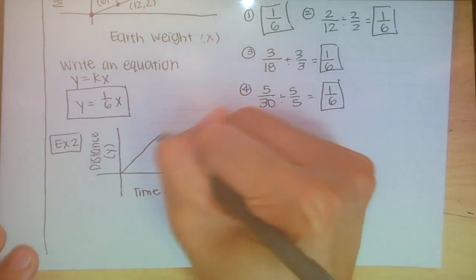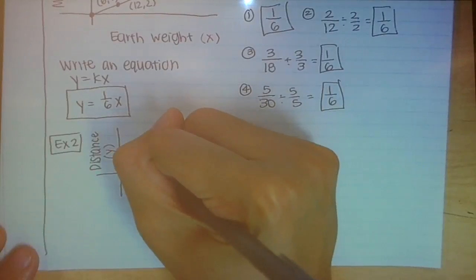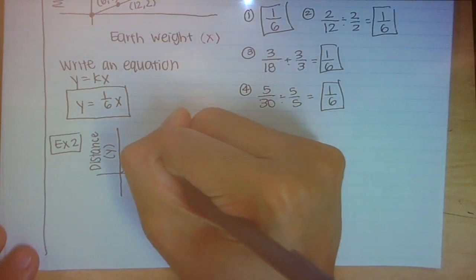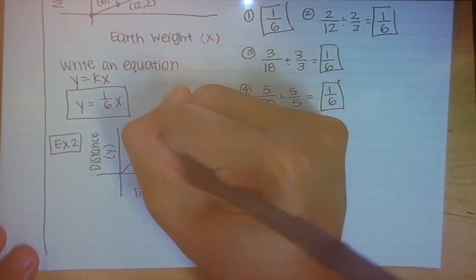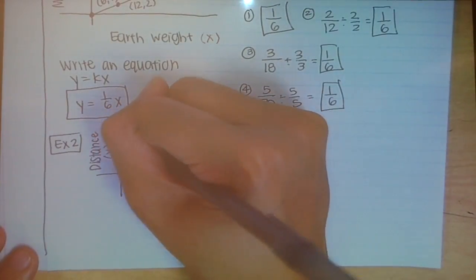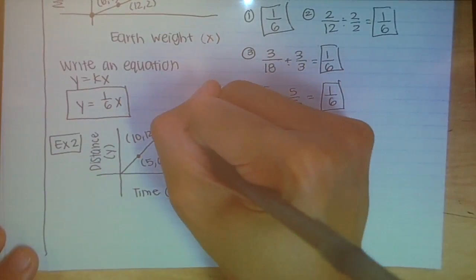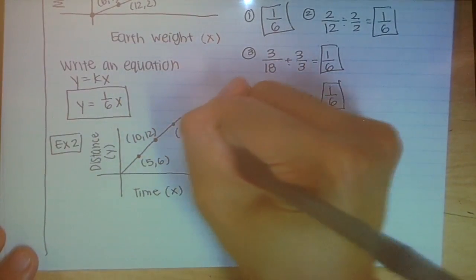So I'm going to draw a graph and give you a few points. This point is 5, 6. This point is 10, 12. And this point is 15, 18.